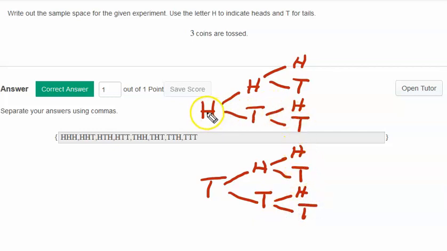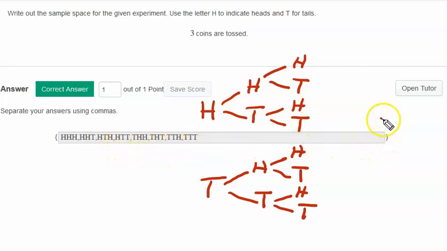And now you just take these through. These are 3 heads. These are 2 heads and a tail. Head, tails, heads. Head, tail, tail. And this is what was written carefully here.